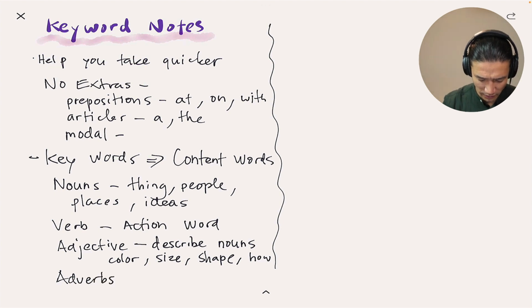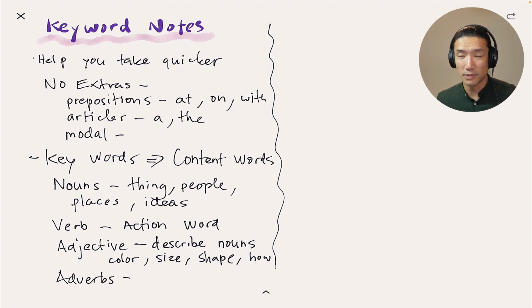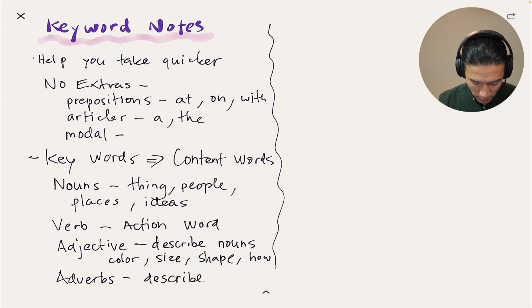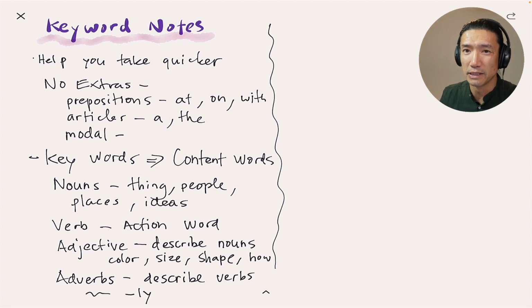We don't have so many of these all the time, but sometimes we want to describe how the verb is. If it does something quickly, steadily, smoothly, things like that. These describe verbs, okay? And oftentimes we'll see them with words that end in ly, like happily, steadily.